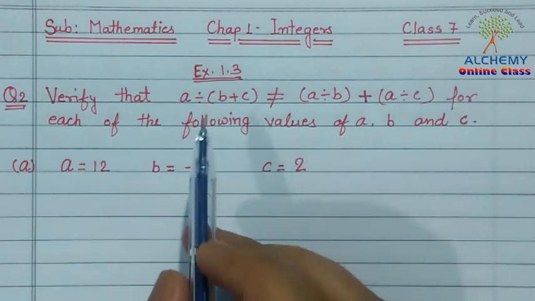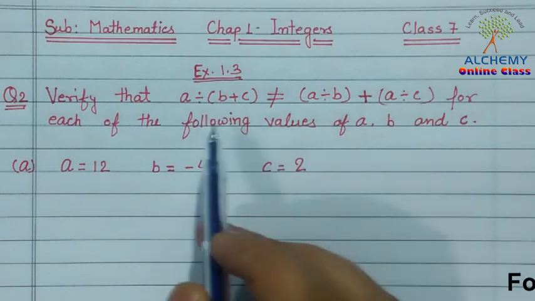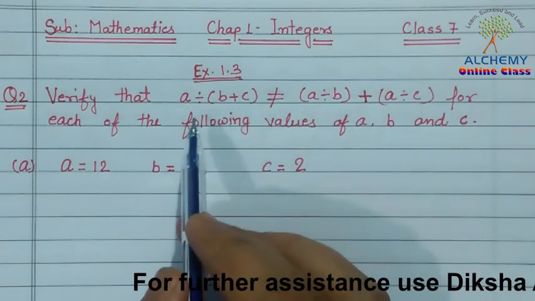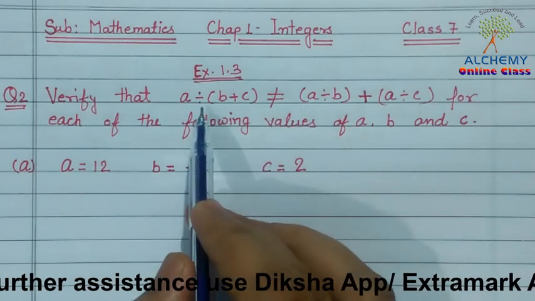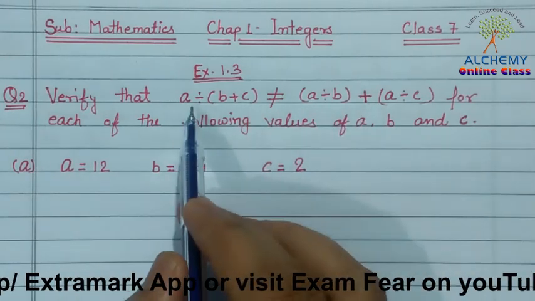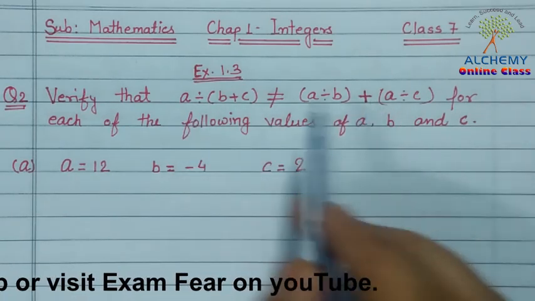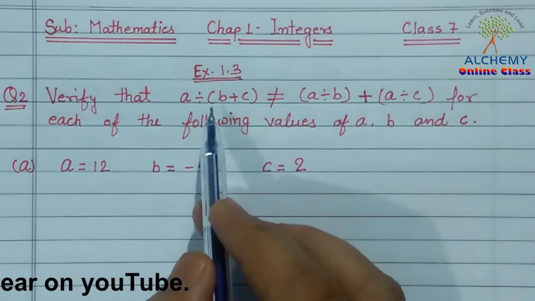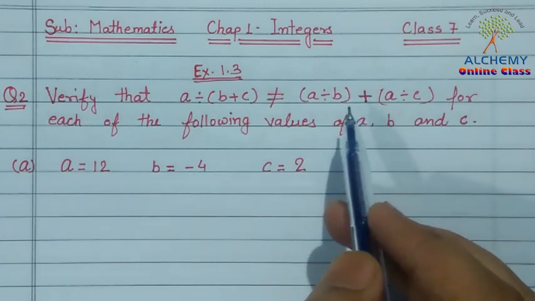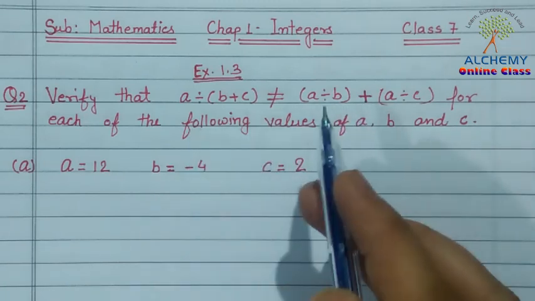Okay, so students, we know that when we are going to verify this, we have to find the value of each side. It has a left hand side and a right hand side. We have to find the value of the left hand side and the value of the right hand side, then only we can say whether they are equal or not.